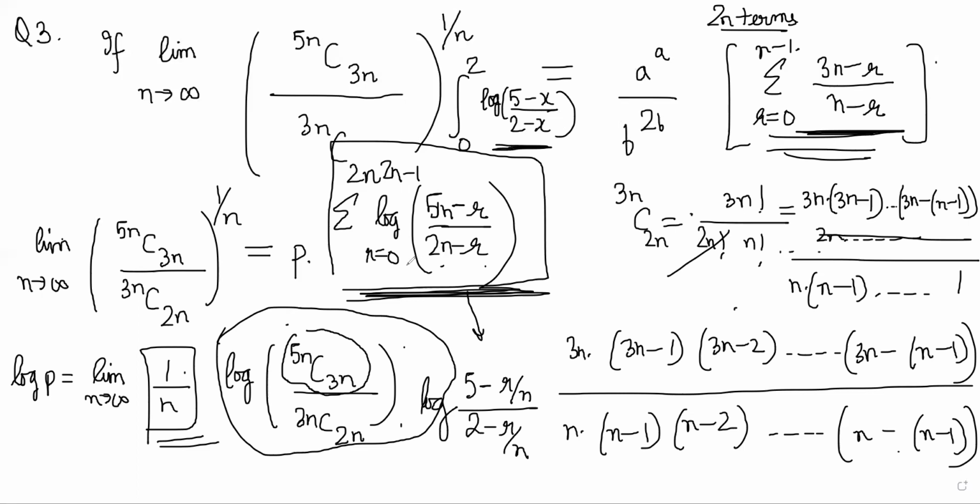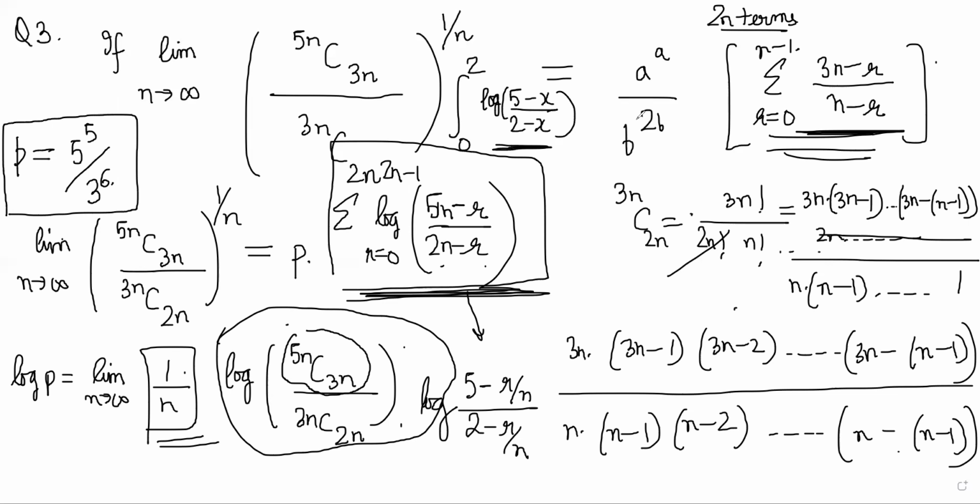So I'll just tell you the answer. You should do it at home later. The answer of this limit is 5 power 5 by 3 power 6. So check now, do it at home, and see if you are able to write it as some difference of two integrals and get the answer.